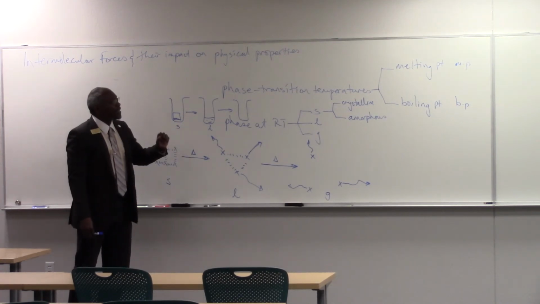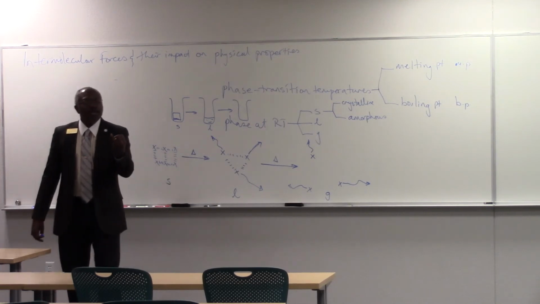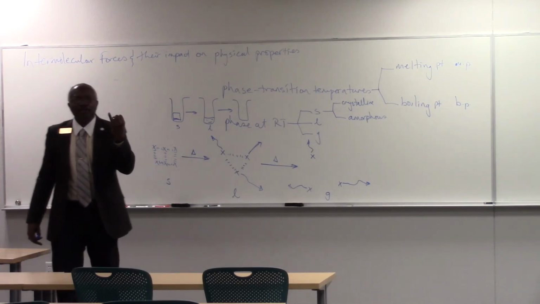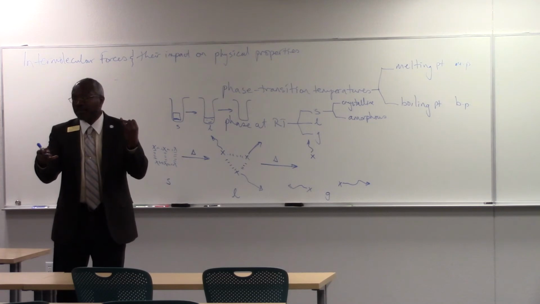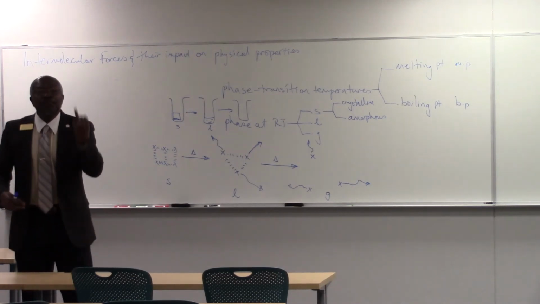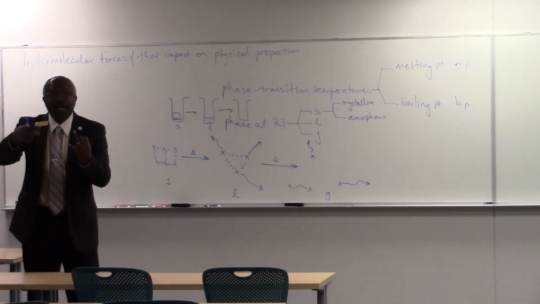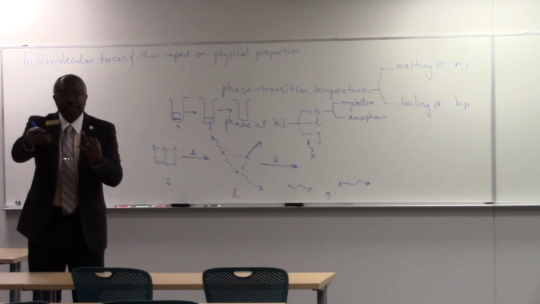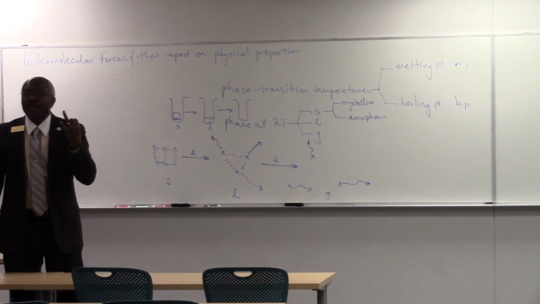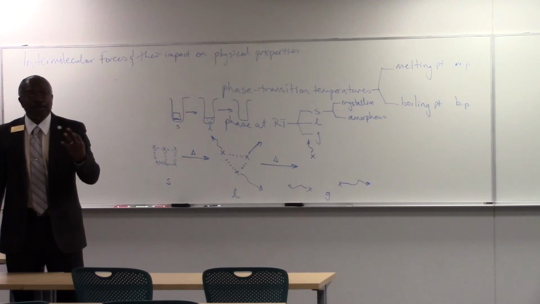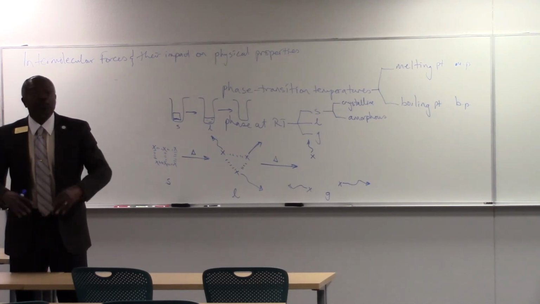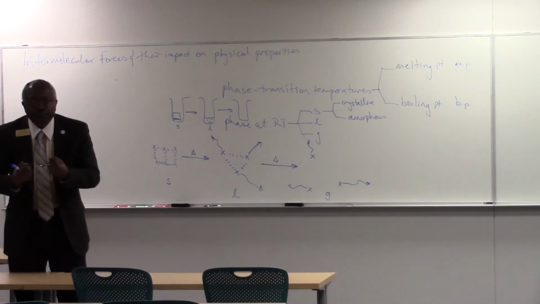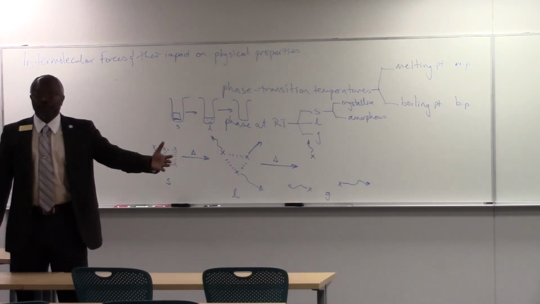So I would expect then the melting point to depend upon the nature of the bond vis-a-vis the strength of the bond. It would depend upon the number of those bonds. The more bonds I have to break, the more energy I put in. But I'd also expect it to depend upon the mass of the particle. All things being equal, the heavier the particle, the more thermal oomph I must put in to get it to move.